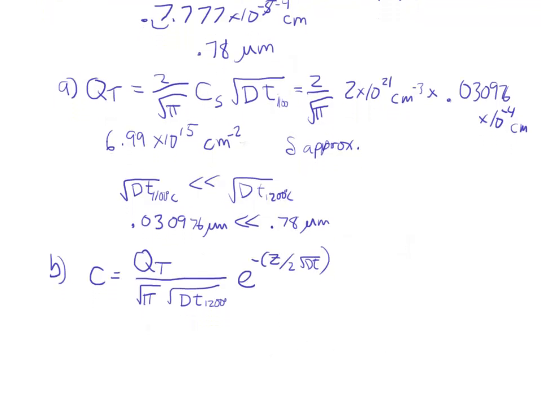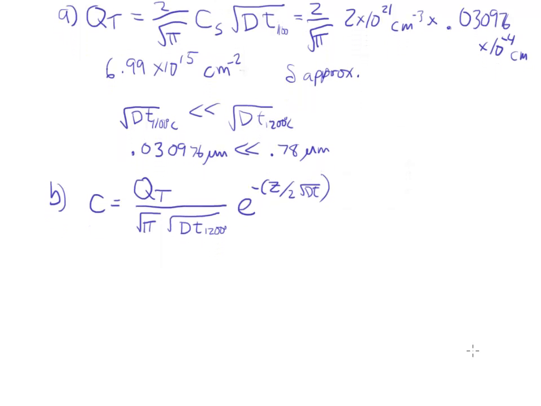Okay, so let's figure out that formula. I know this value, right? We just calculated it up here, so that one comes down here. And square root of pi is constant. We already calculated that, and so we can use it. It's 0.78 microns.